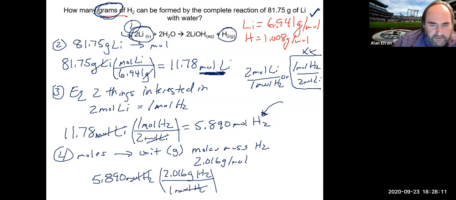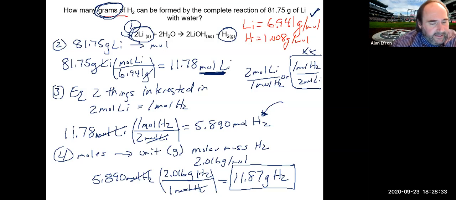Moles will cancel, and it looks like 11.87, which I think is what I saw fly by there in the chat, which is good. 11.87 grams of H2 would be produced.